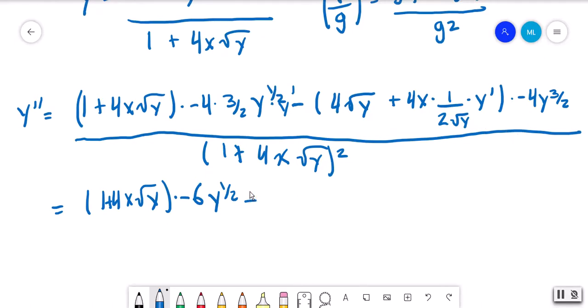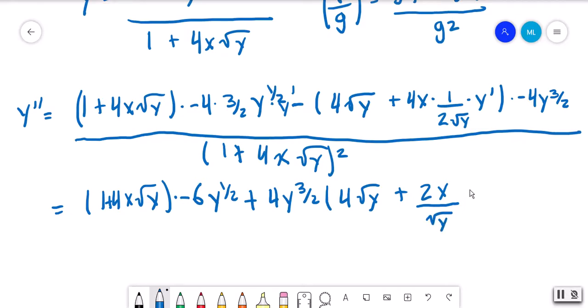For example, I could probably just say plus 4 y to the 3 halves, and then multiply by the 4 root y. And then over here you have plus 2x divided by the square root of y. And then you tag on the y prime.